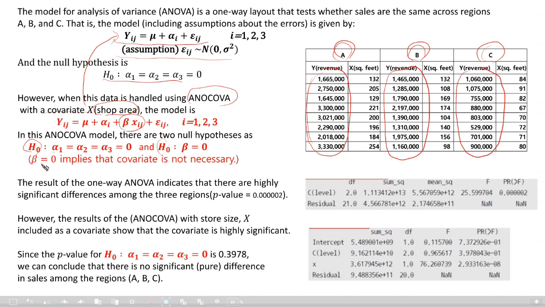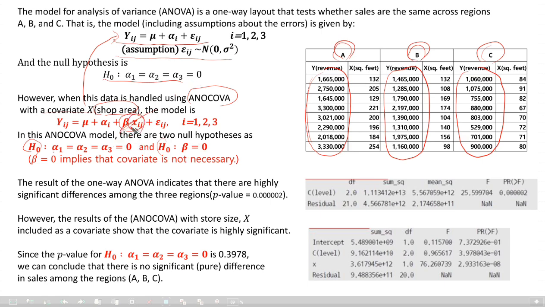If beta equals 0, then the covariate is not necessary. It will be removed from your analysis, and the one-way ANOVA model is enough. But if beta is not equal to 0, in other words H0 is rejected, then your covariate is effective.